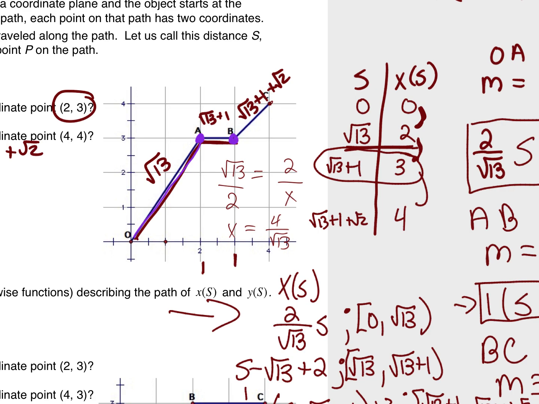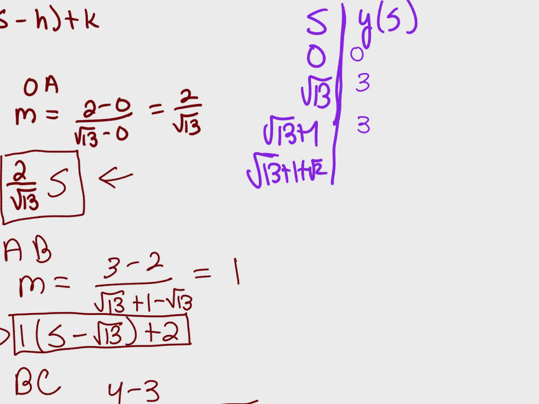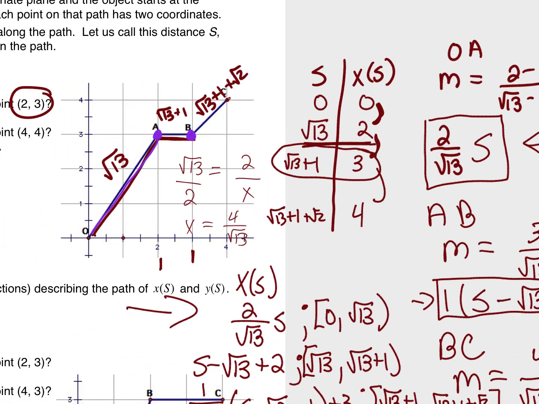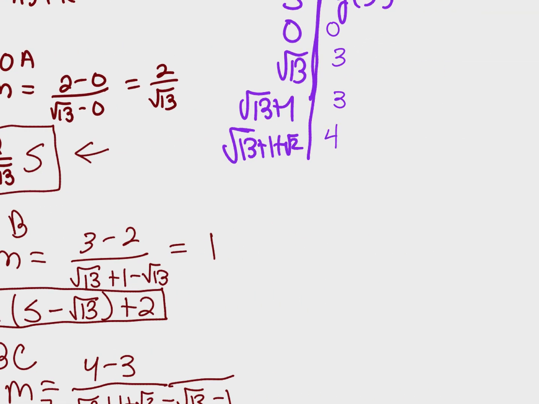I didn't move up at all, so I'm still at 3. And then if you go further to the end, now I would be at y equals 4. So this is the table I'm going to use for those 3 pieces.